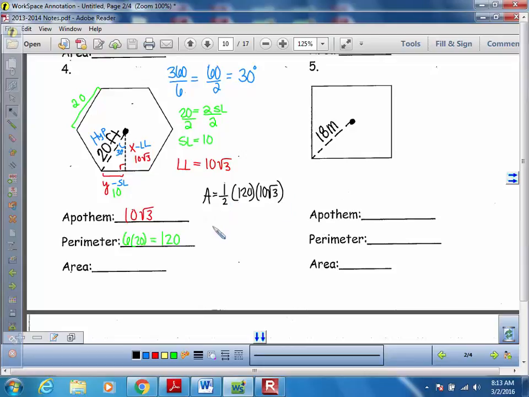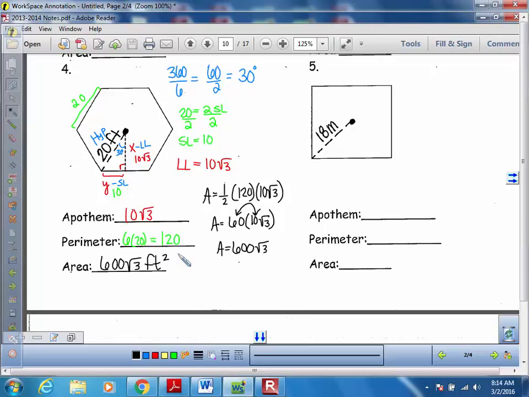I know half of 120 is 60 times 10 square roots of 3. You multiply your 60 and your 10, and so my area is going to end up being 600 square roots of 3. And my units are feet squared.